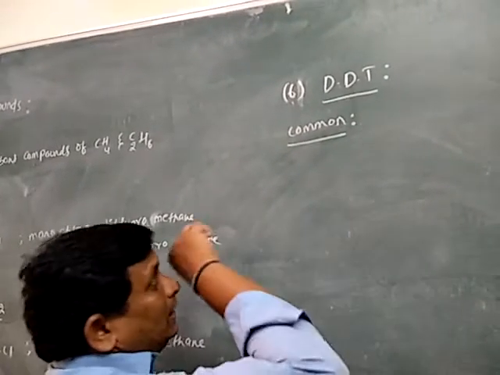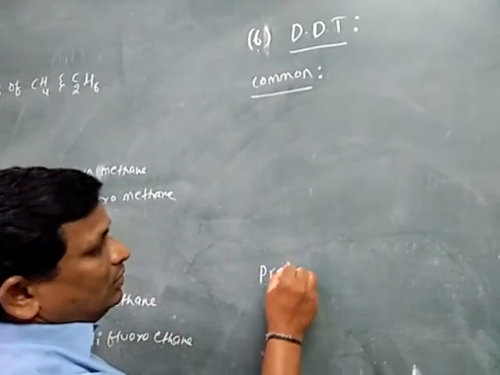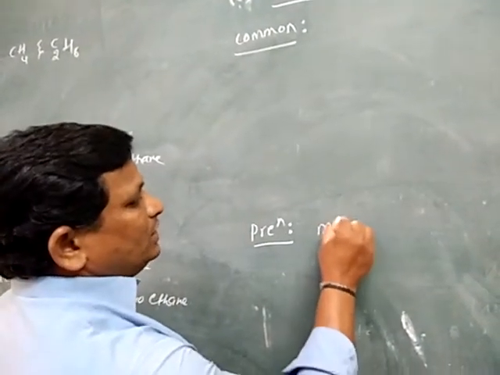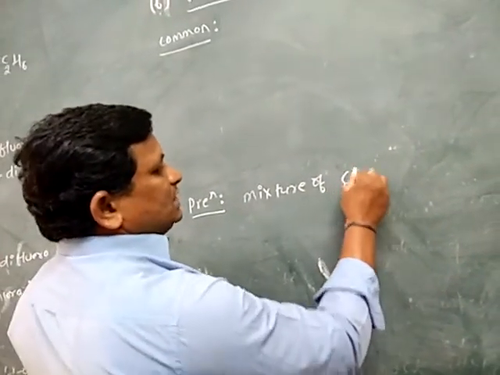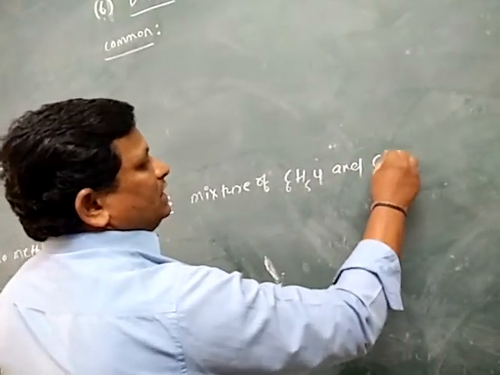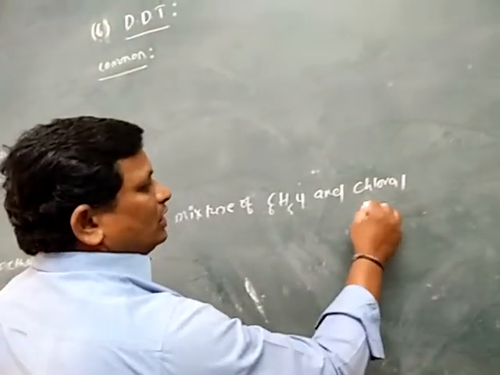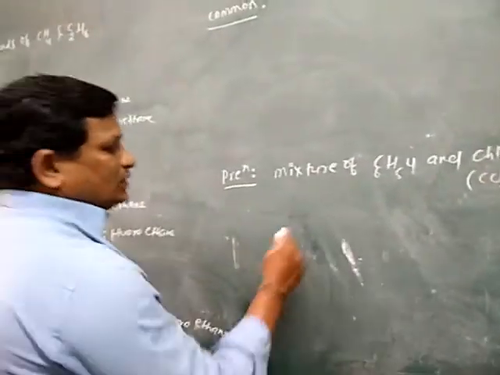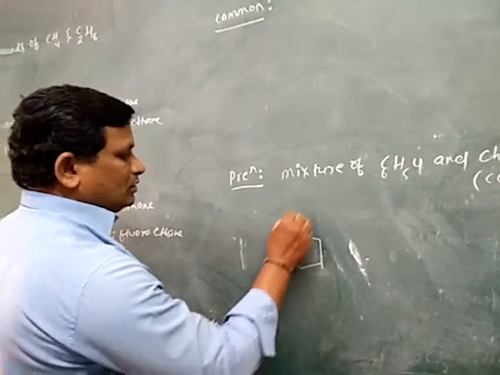First of all, the preparation method: DDT is prepared from a mixture of chlorobenzene C6H5Cl and chloral, which is CCl3CHO.